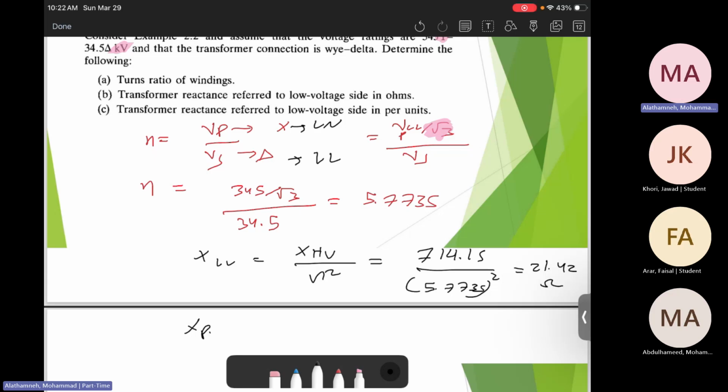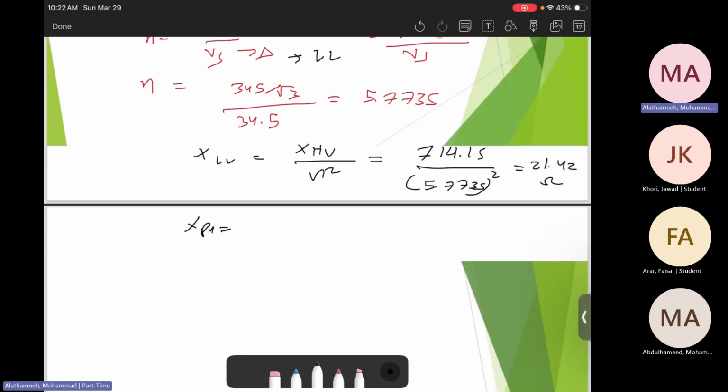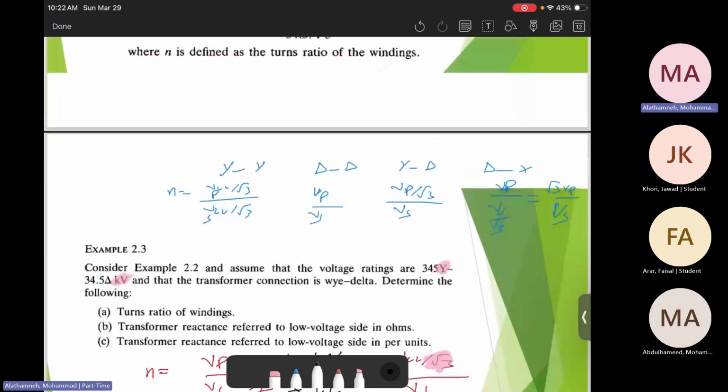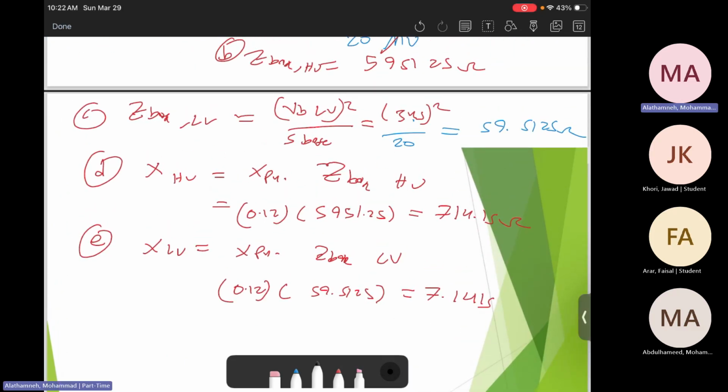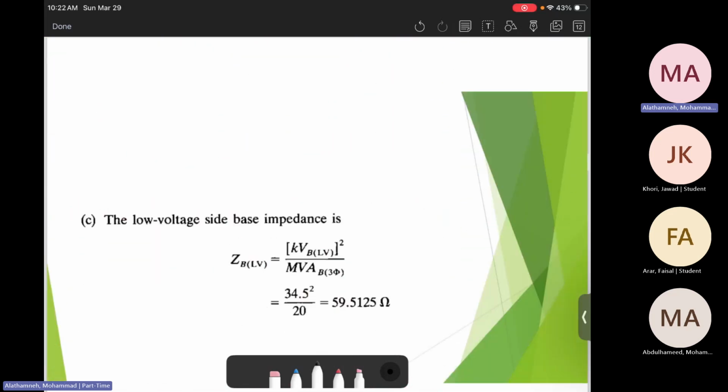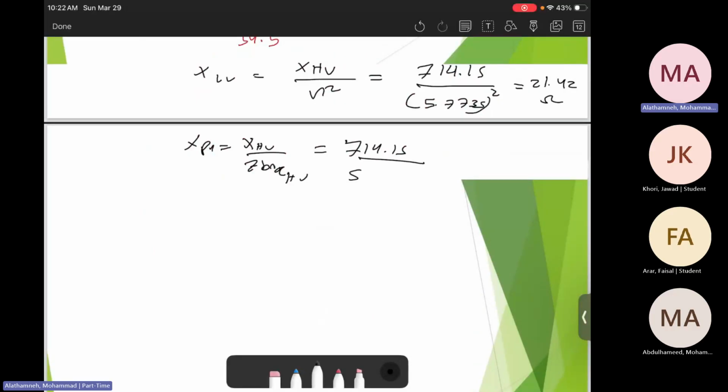So X per unit will be the value on the high voltage side, 714.15, divided by Z base on the high voltage side, which I believe we already calculated before, 5,951.25.